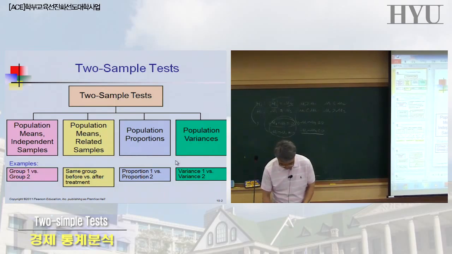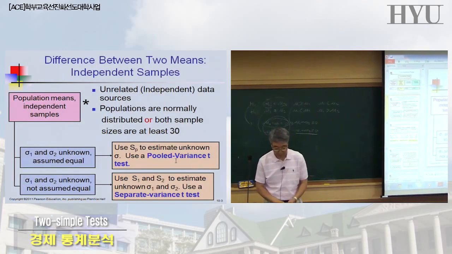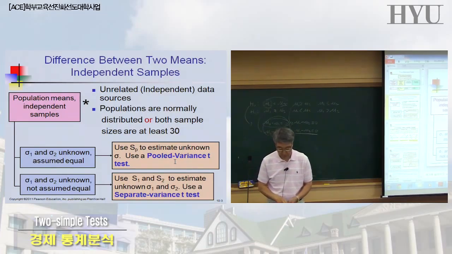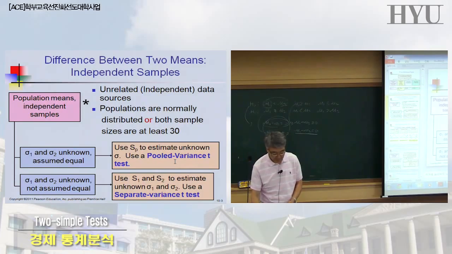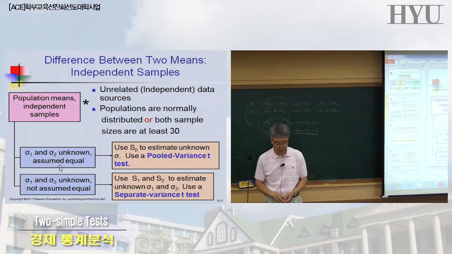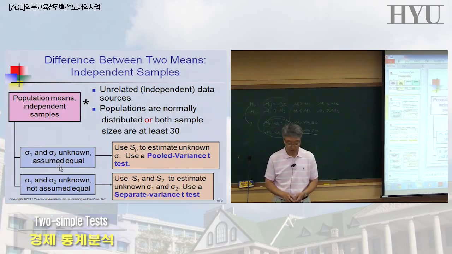All right. So the first thing we're going to deal with in this chapter is testing the difference between two means, assuming they are from independent samples, okay? And even in this case, we have to separate two different cases, right? The first one is sigma 1 and sigma 2 are unknown, but they are assumed equal. Okay?